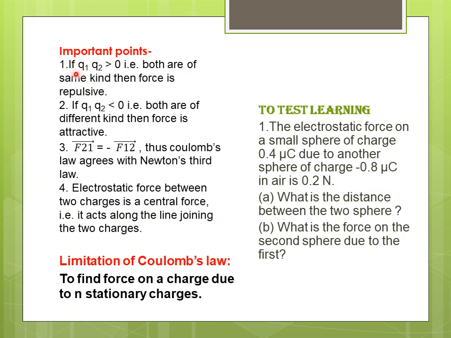If we see the discussion, if Q1 Q2 is greater than 0, that is both are of the same kind, then the force is repulsive. And if Q1 Q2 is less than 0, that is both are of different kind, Q1 may be positive or negative and vice versa, then the force is attractive.